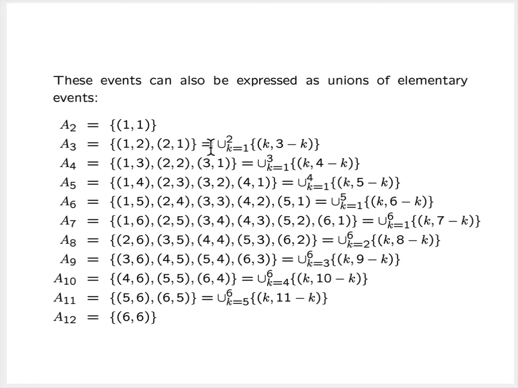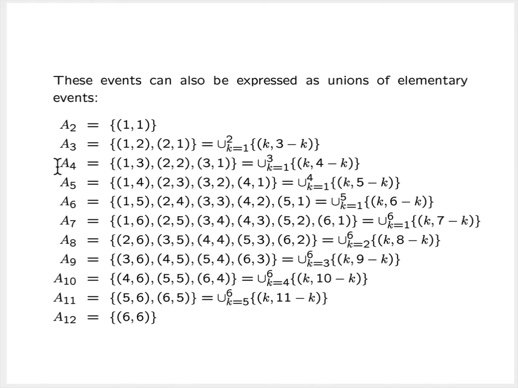This can be expressed as the union of two elementary events, the union where k goes from 1 to 2, of the elementary event (k, 3 minus k). All right, so when k is equal to 1, we have (1,2), and when k is equal to 2, we have (2,1). And that's exactly what we have right here.